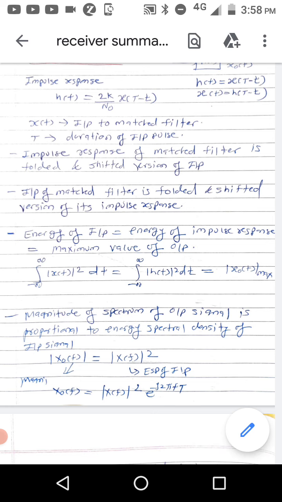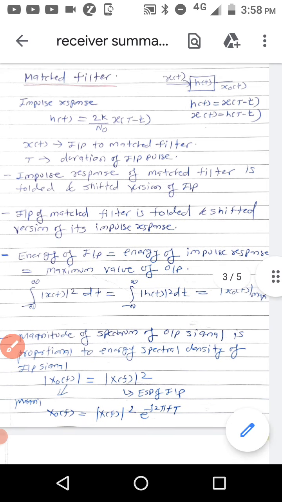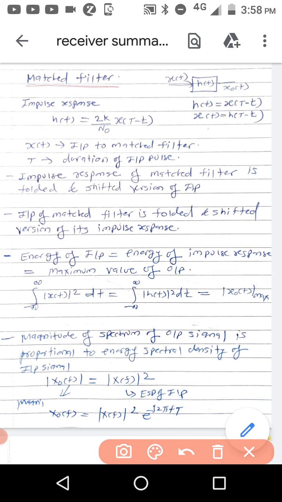Then energy of x(t) is equal to energy of h(t) is equal to maximum value of mod of x0(t). So if you find the maximum value of x0(t) and take its mod, you will get the energy of x(t) as well as h(t). So that is next point.